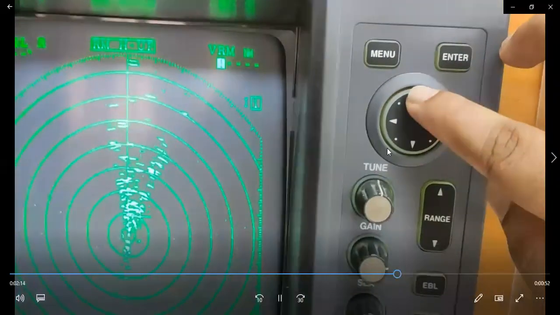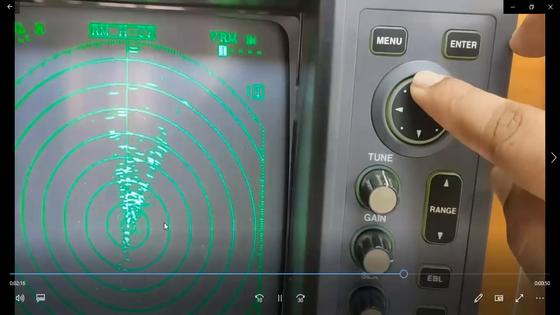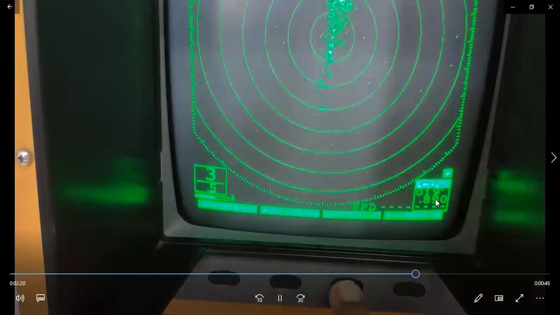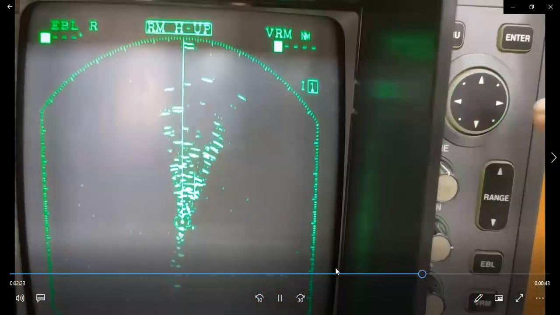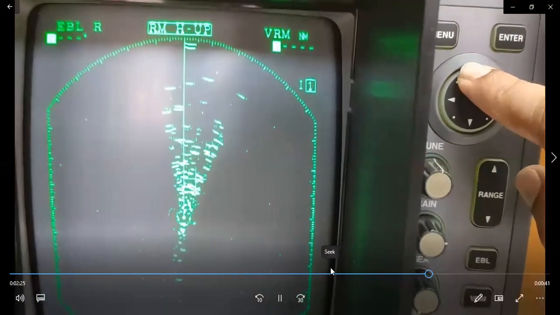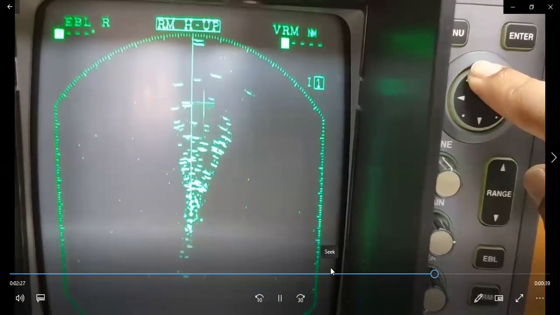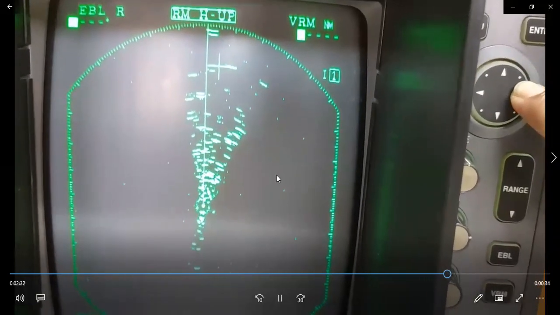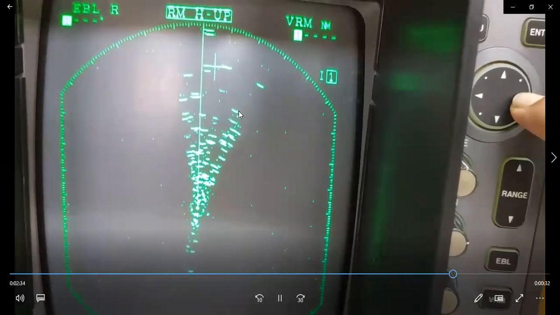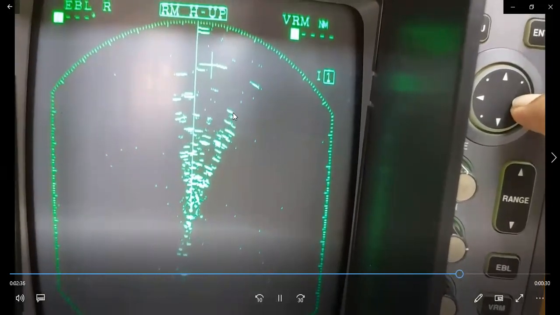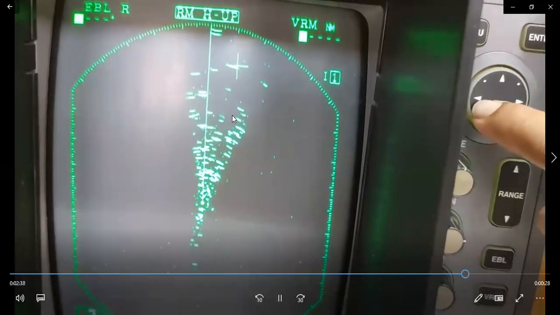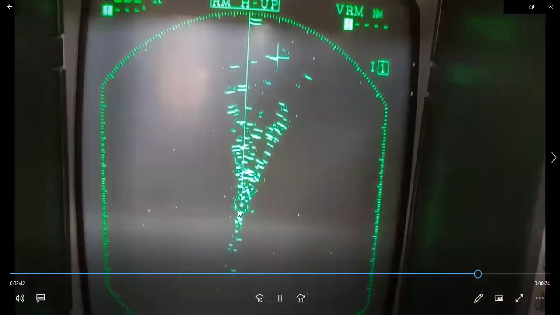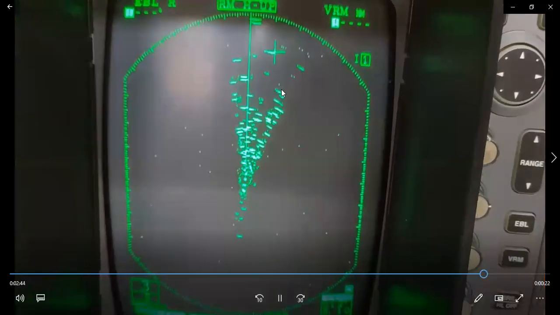With this one, you can change the position of the cursor. Here you see it is now at 19 degrees, 0.89 kilometer away. So using this cursor, when you think there is an object that you are interested in, it may be fishy, you can set the cursor position there and then determine where it is located, in which direction and how far.